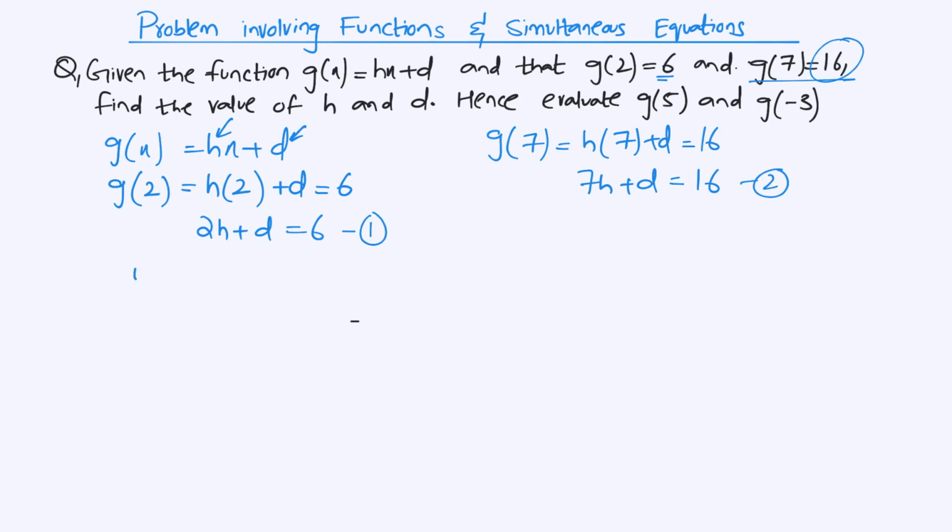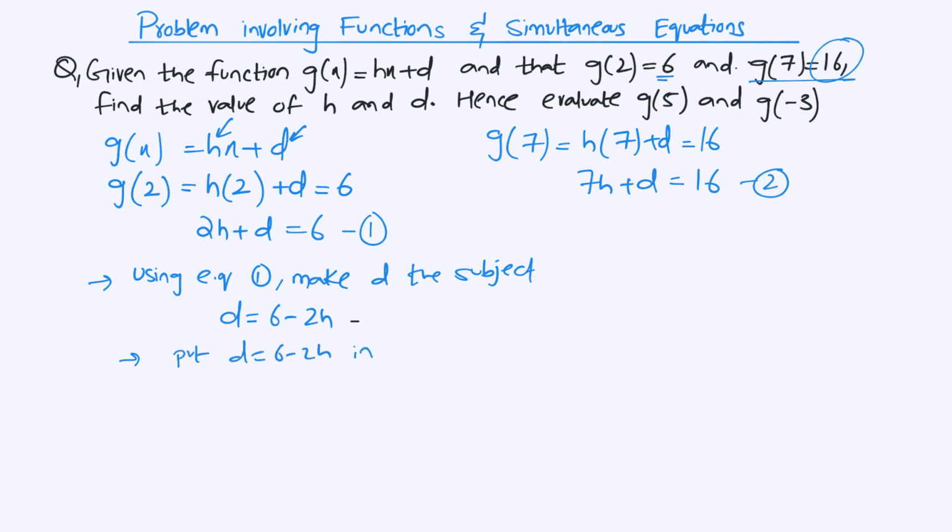So let's say I'm going for substitution using equation 1. Using equation 1, make d the subject. So d would be 6 minus 2h. Put d equals 6 minus 2h in equation 2. So 7h plus d equals 16 was your second equation.